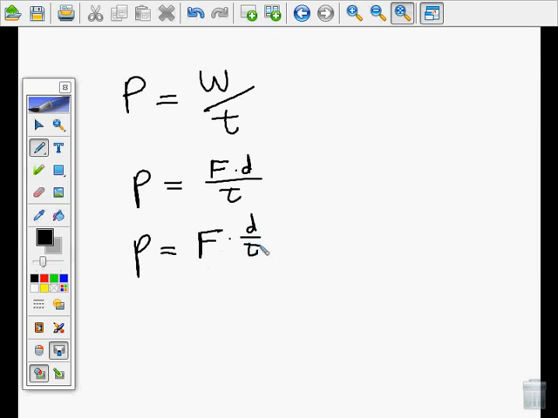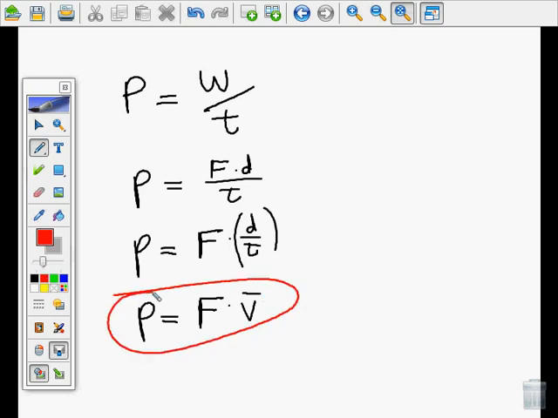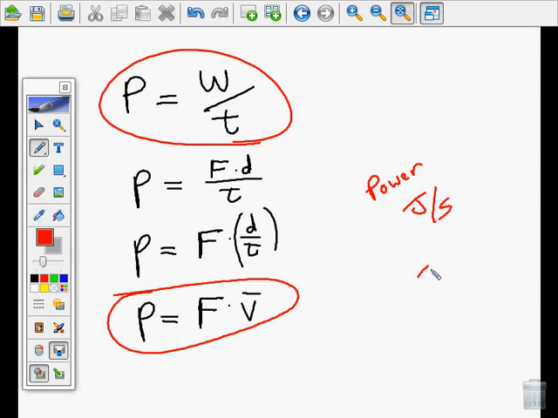And then you might recognize that distance over time, that's average velocity. So a more obscure power formula is force times average velocity. Either way, power comes out in joules per second, which is equal to watts.